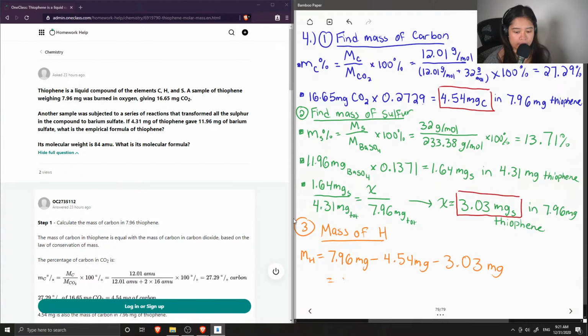And we end up with 0.39 milligrams of hydrogen. Okay, so we have the masses of all three components of thiophene, but the question doesn't end there. We need to then find the number of moles of each of these atoms. So I'm going to do this on the next page.